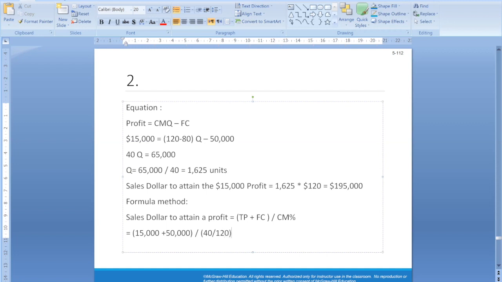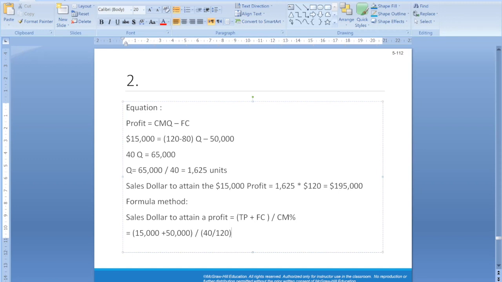40 out of 120 is equal to 0.333. And then we need 65,000 divided by 0.333.